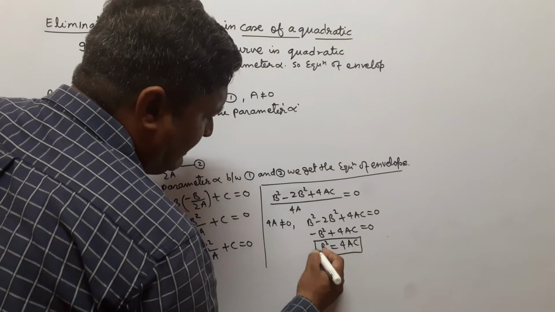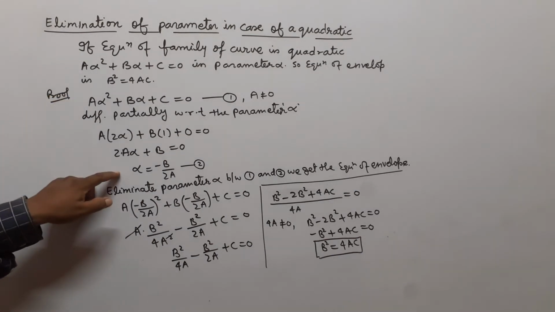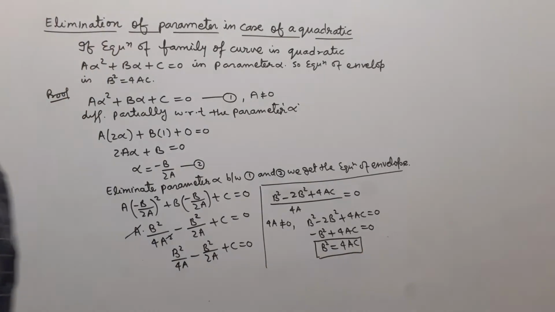So here we eliminate parameter alpha between first and second and get the equation of envelope, that is b square equal to 4ac.